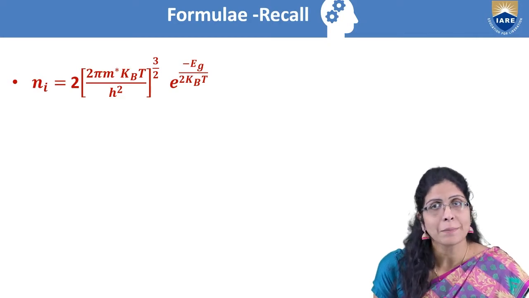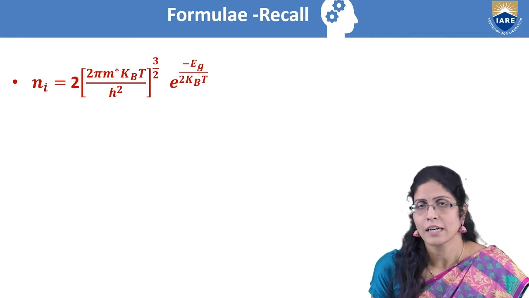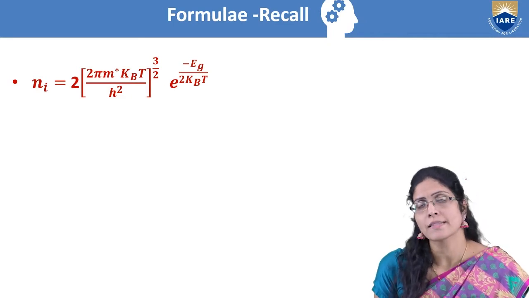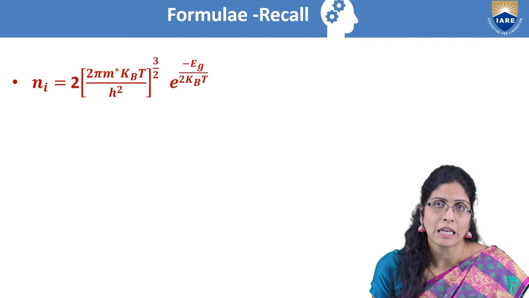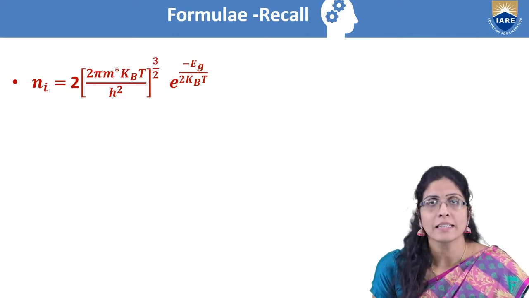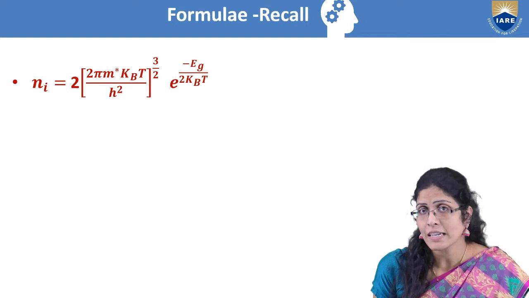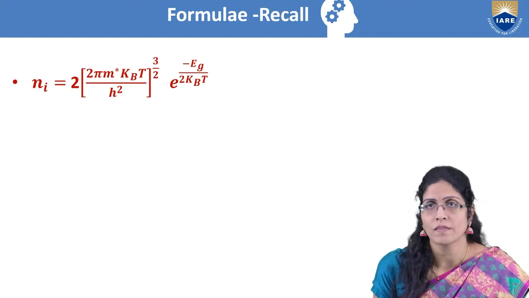Because it is the intrinsic concentration, it may be because of both the electrons and holes, so it may consist of both the mass of the electrons and holes. It also consists of the Planck's constant, the temperature, and the energy gap. If all these are given, and one of these is not given and asked, then you will have to solve this.